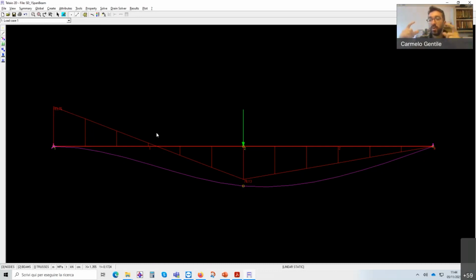As you can see in all the drawings we do when solving a structure, our reference says that the positive bending moment is the one where we have tensile force at the bottom and compression at the top of the structure. In this case, in fact, the bending moment says minus 93.75.